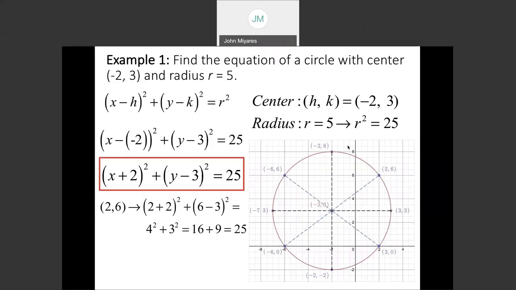Similarly, to verify the point -6, 0 is on the graph of the circle, we can plug in x equals -6 and y equals 0 into the equation and get -6 plus 2, which is -4, squared is 16, plus 0 minus 3, which is -3, squared is 9, which adds up again to 25. I won't show this for the other points, but rest assured it will hold true for all the points that are marked on the circle.